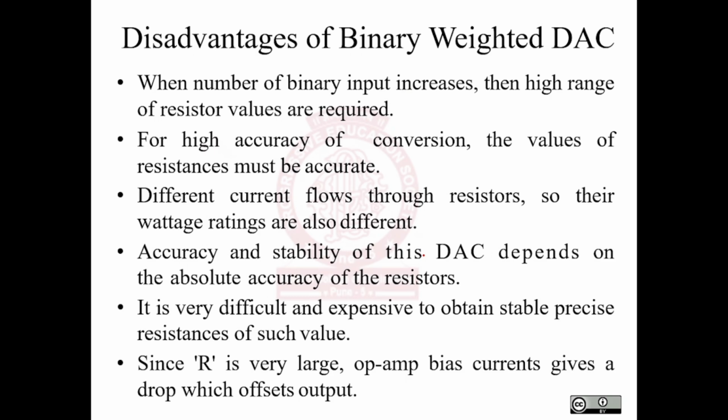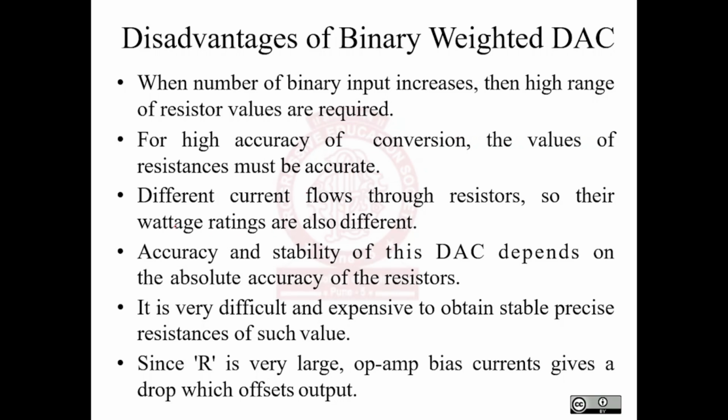Now, considering the binary weighted DAC, there are some disadvantages to it. If we increase the number of resistors, then the binary weight also increases, thus making it a very complex system. Also, the accuracy of the resistances is to be considered.